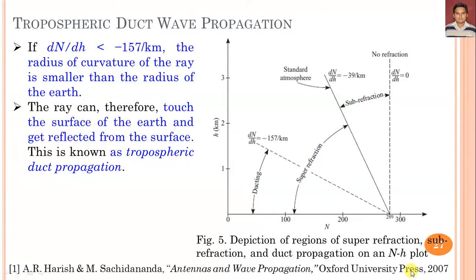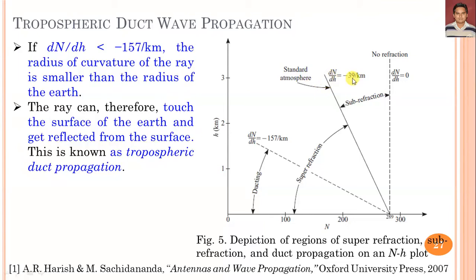And in figure 5 you can see the different regions of super refraction, sub-refraction, and duct propagation on an N-H plot. Here you can see this is N and this is H in kilometers, and for the different atmospheric conditions, if dN/dh is equal to 0, then there is no refraction.